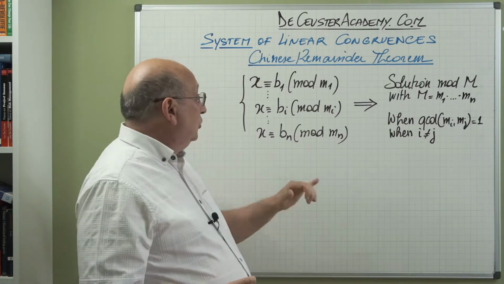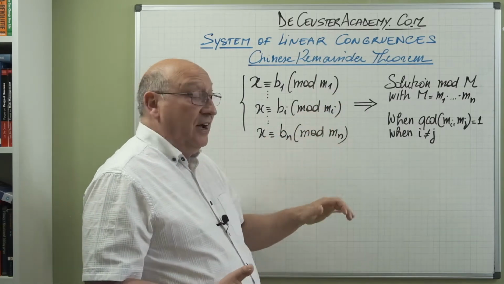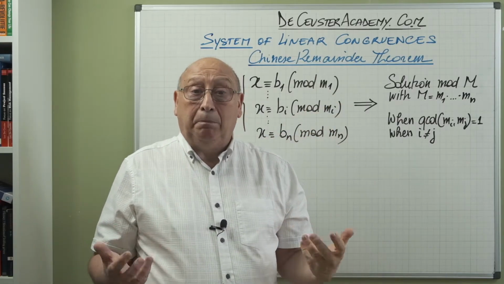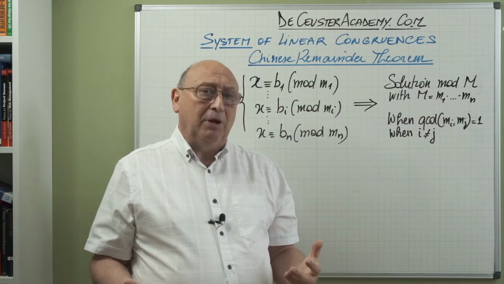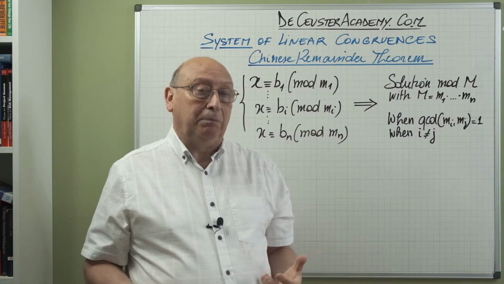Basically, this means that those moduli are relatively prime. They don't have to be prime numbers, but they have to be relatively prime.